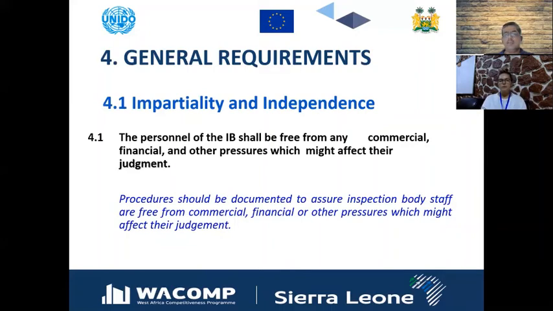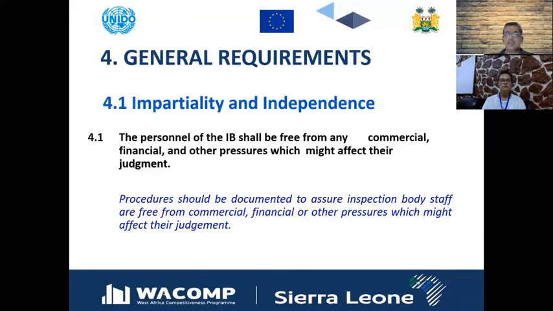For example, you are a farmer, or a big farmer or a big cooperative, and you want to develop your own inspection body to check your own farms. Then this inspection body is under your authority, and you are the owner of those farms.